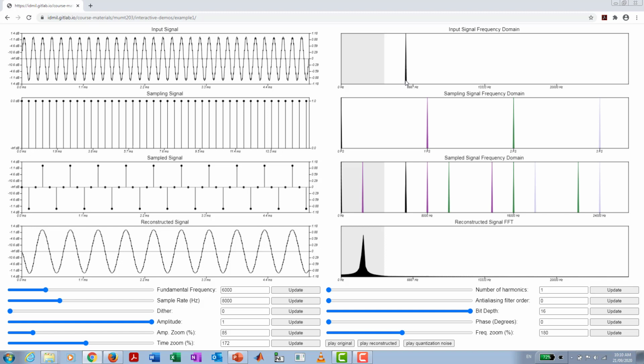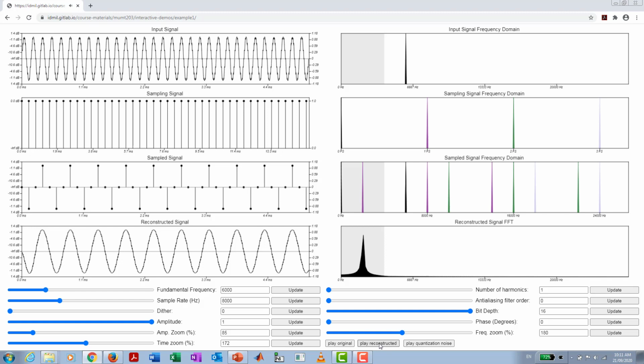The input signal disappears, and I have an alias, the first image, that appears at 2,000 Hertz. So if I sample a 6,000 Hertz signal with an 8,000 sampling frequency, at the end I get a 2,000 Hertz signal. Right? So I will hear 2,000 Hertz, and that's basically what you get. Sorry for the high pitch of the original 6,000.